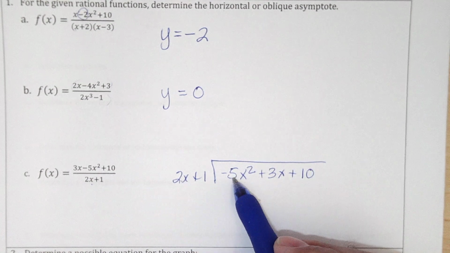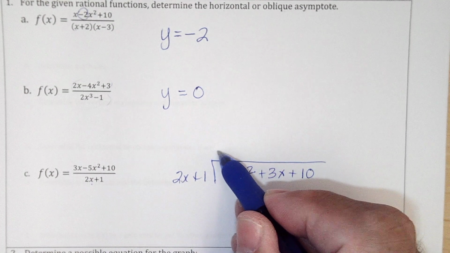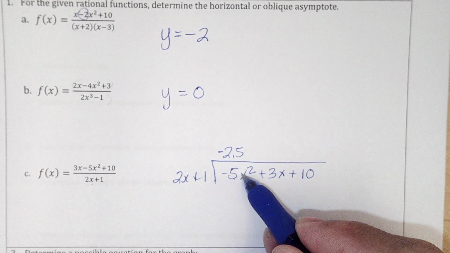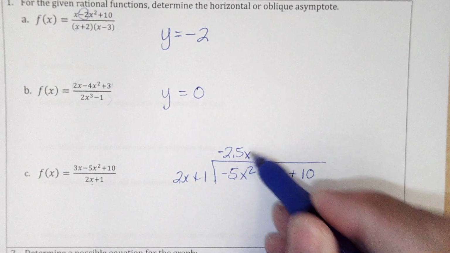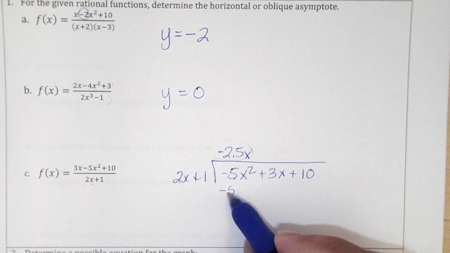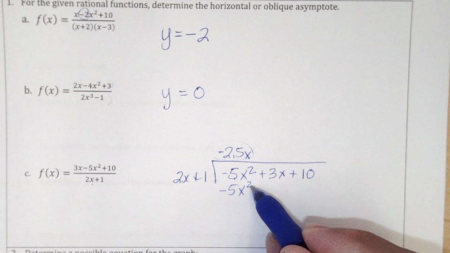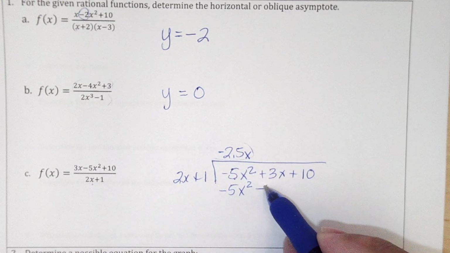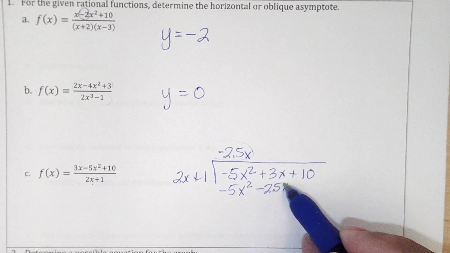So 2 goes into -5, -2.5 times, and x into x squared takes an x. So if I take that times 2, I get -5x squared. And if I take 1 times that, I get -2.5x.